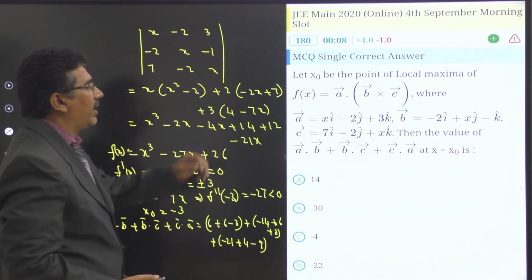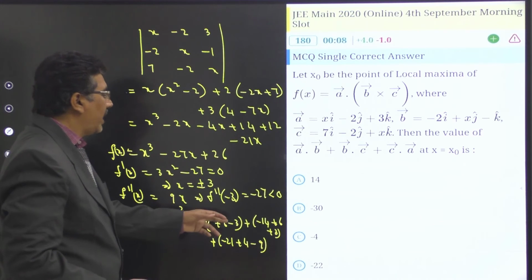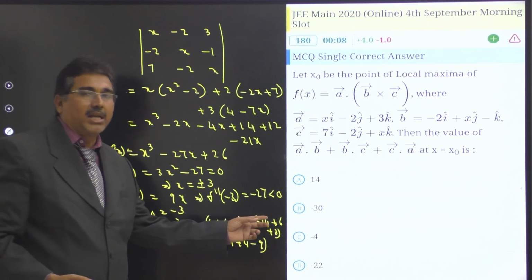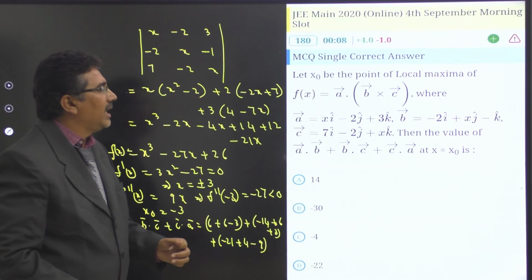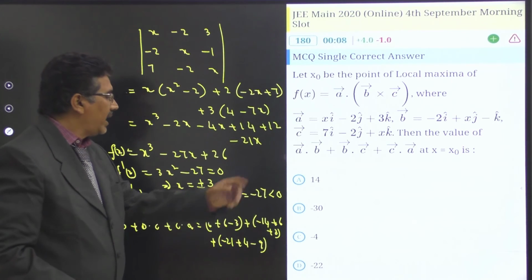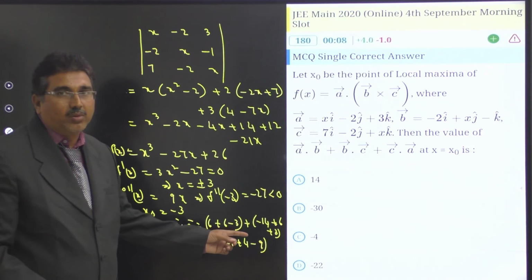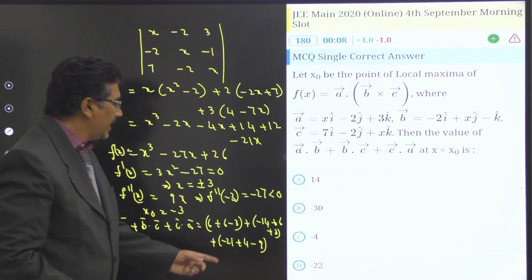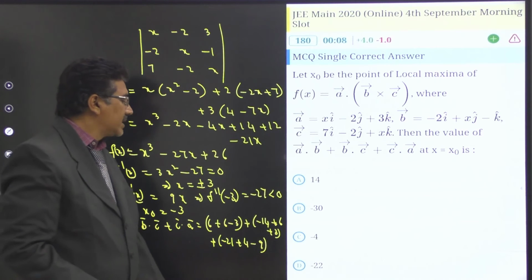For a bar dot b bar, minus 3 into minus 2 plus 6, minus 2 into minus 3 plus 6. Coming to b bar dot c bar, x is minus 3 into minus 2 plus 6, minus 3 into minus 1 plus 3. Coming to c bar dot a bar, x is minus 3 into 7 minus 21, 3 into minus 3 is minus 9.